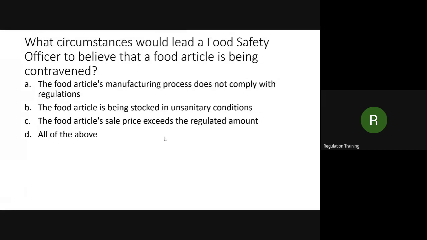Okay, under what circumstances does a food seller believe that a food article is being contraband? Now answer this.